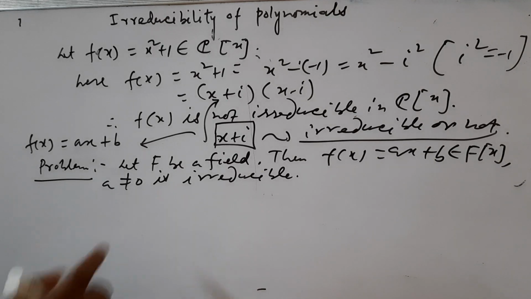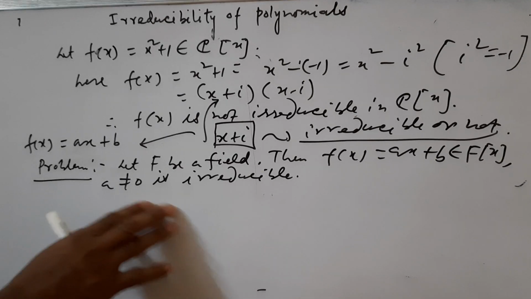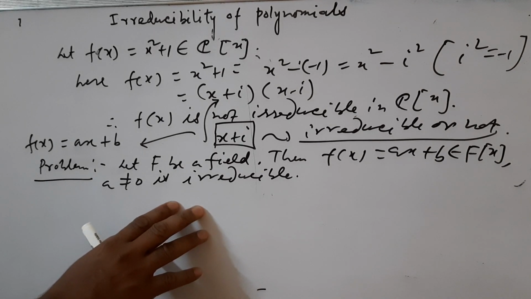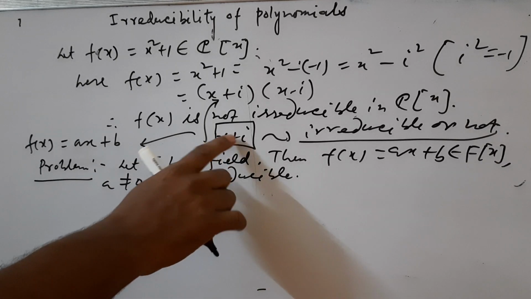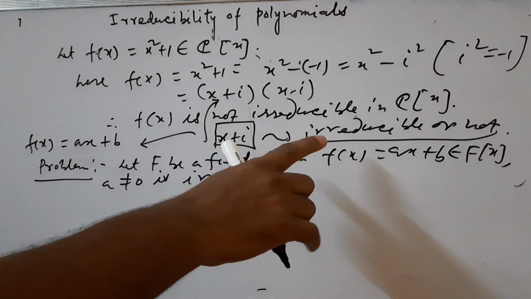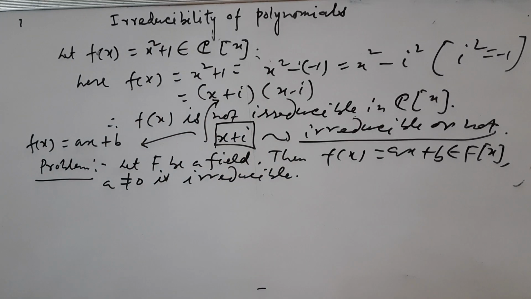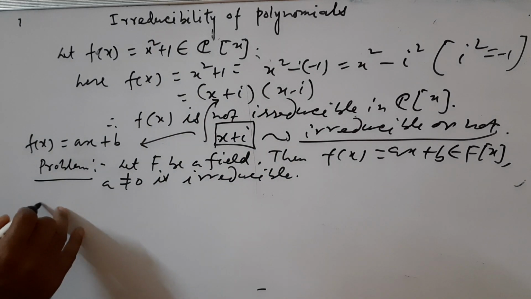So we have to prove this, and if we can prove this result, then immediately we say that this polynomial is irreducible in C[x]. So proof.